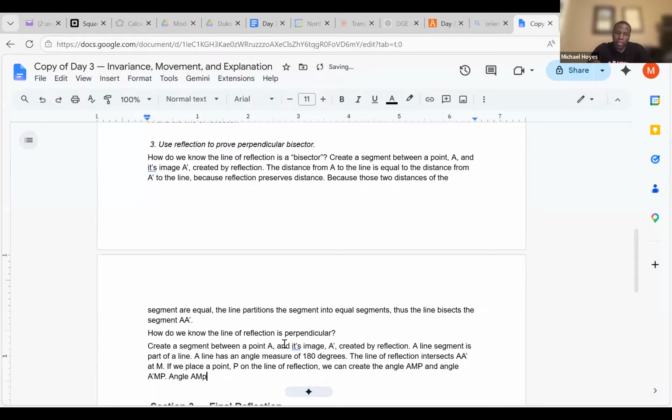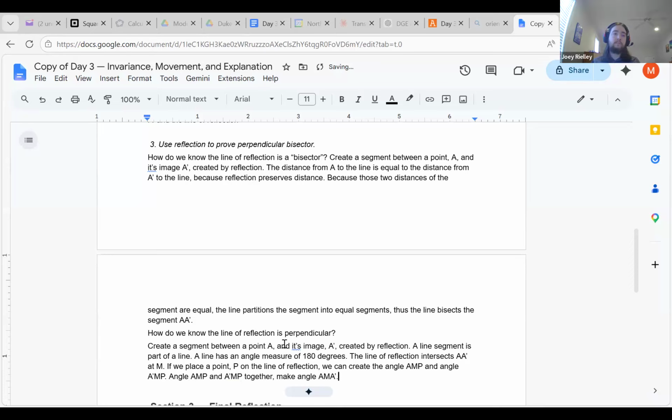Angle AMP and angle A prime MP together make angle AMA prime. Do you agree with that?